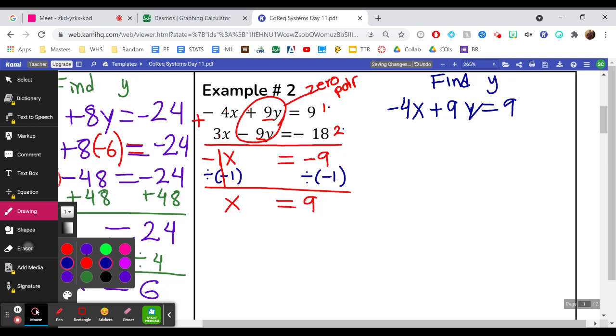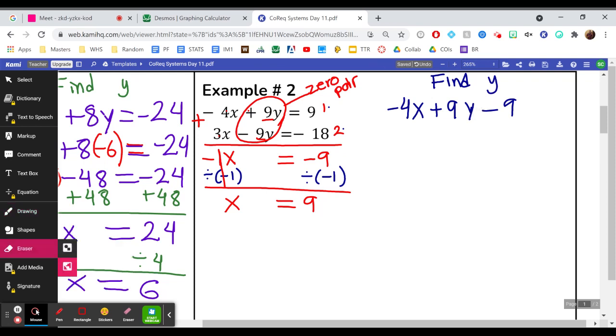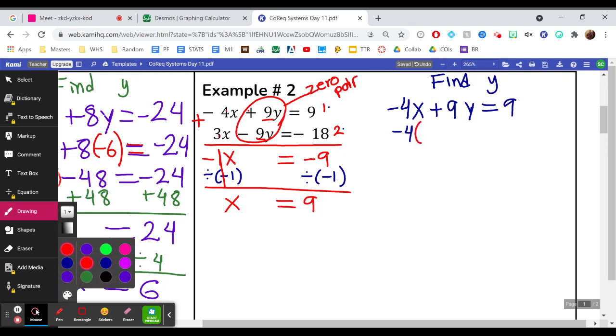Again, that's just the equation that I copied down so that I know which one I'm using. So I have negative 4, and instead of x, I'm going to type the value of x, which is 9. So times 9 plus 9y is equal to 9.